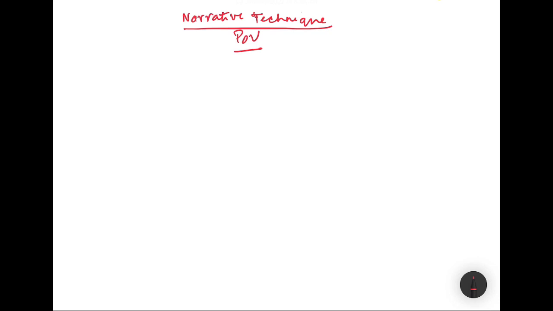Now, when we study a novel or a short story, we find that a novel or a short story has some important elements, and this narrative technique is also one of the important elements.